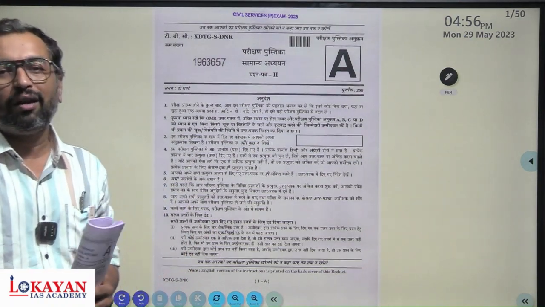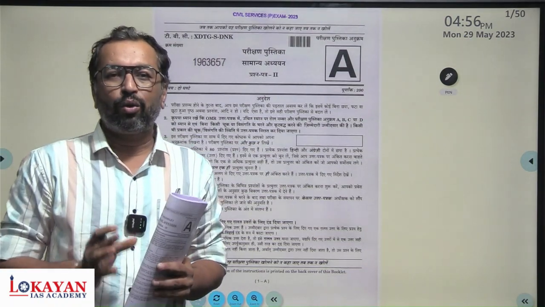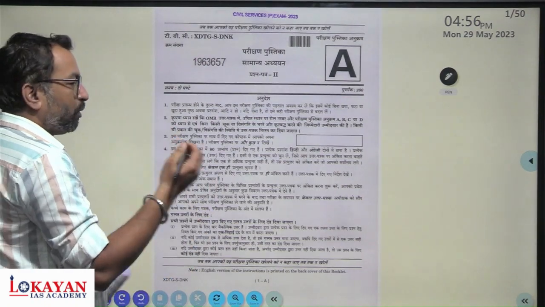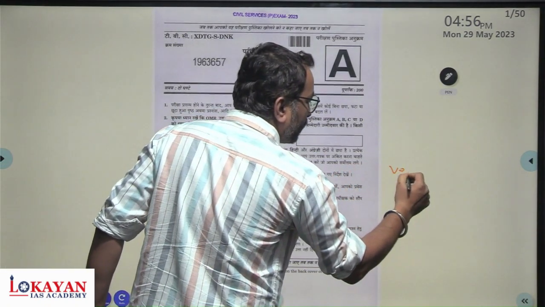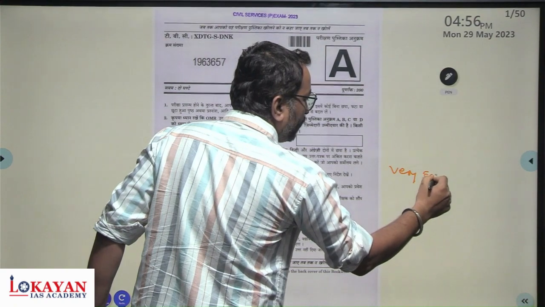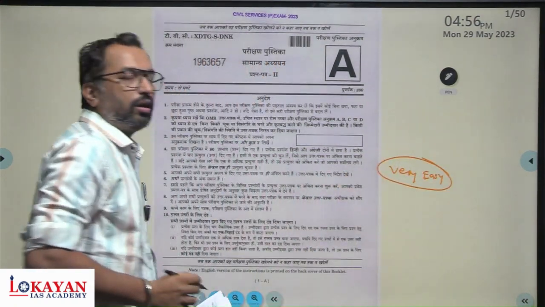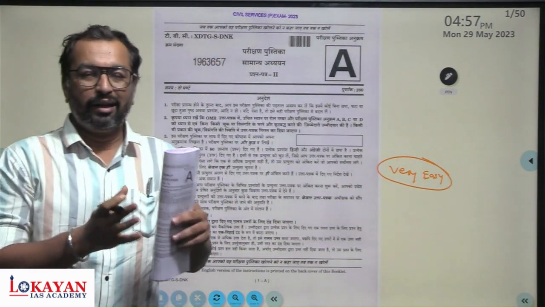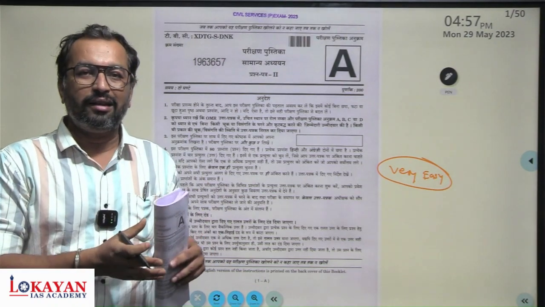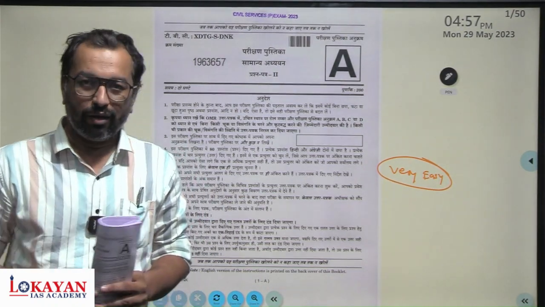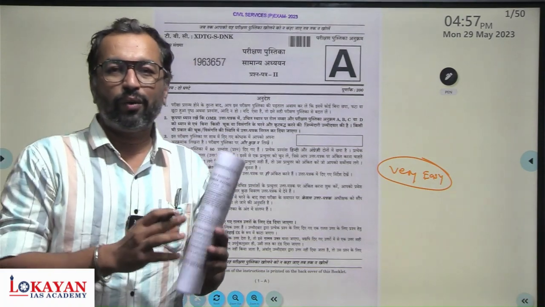The CSAT paper was definitely tricky. No question, I repeat, no question was of a very easy nature. Generally, question papers are set so that some questions are easier, some are moderate, some are very difficult. But this year, all the questions were tricky.